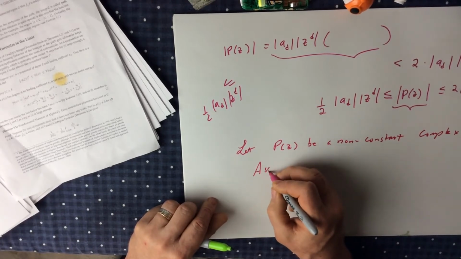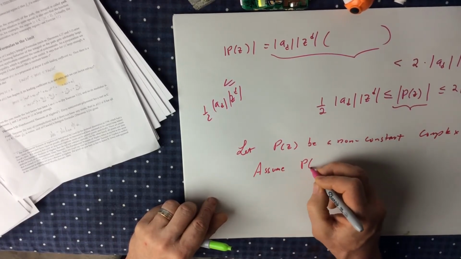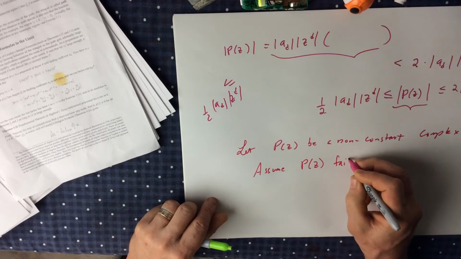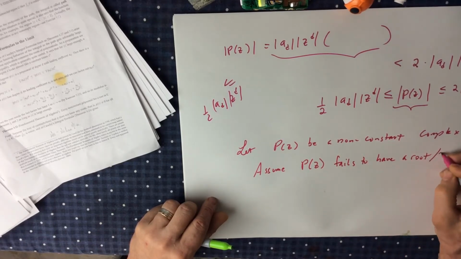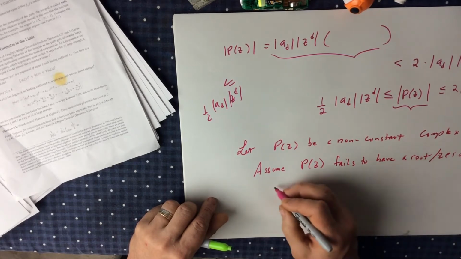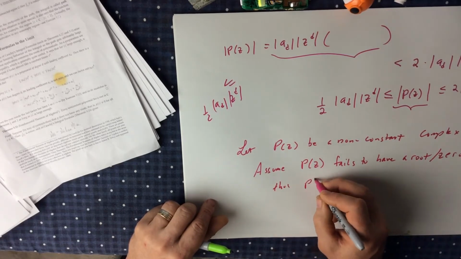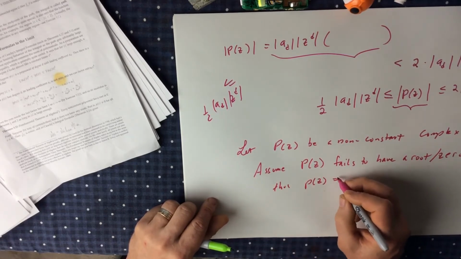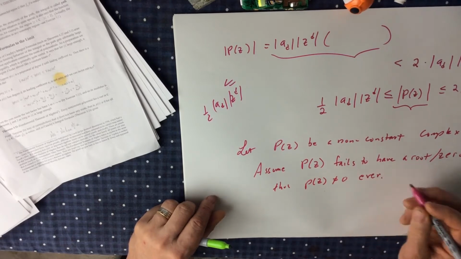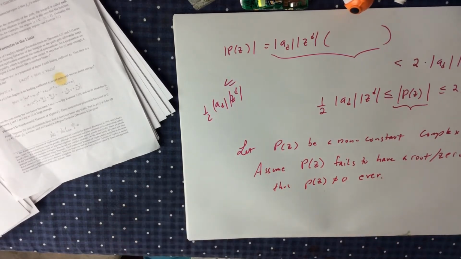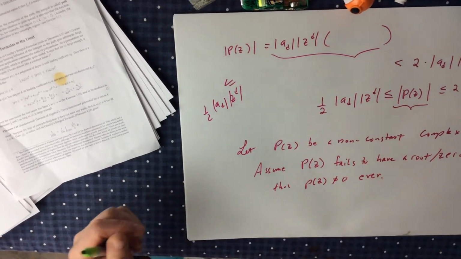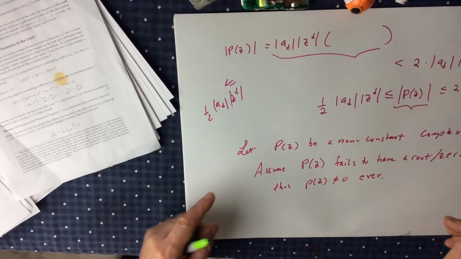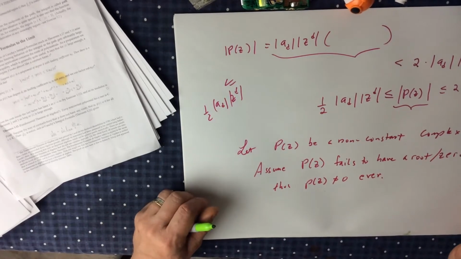Let's assume that P of z fails to have a root, a 0. Thus, P of z is not 0 ever. Now, we have polynomials like that in the reals, x squared plus 1, x to the 4th plus 1, lots of them. Let's assume that happens for the polynomials.